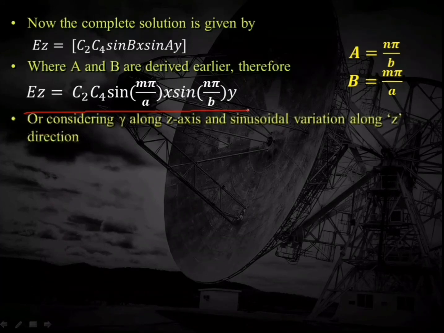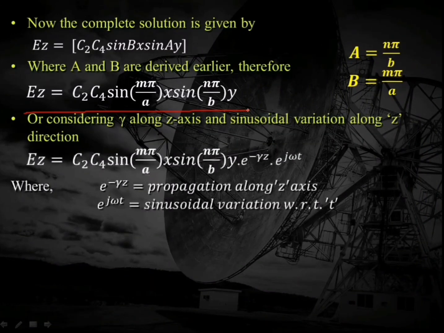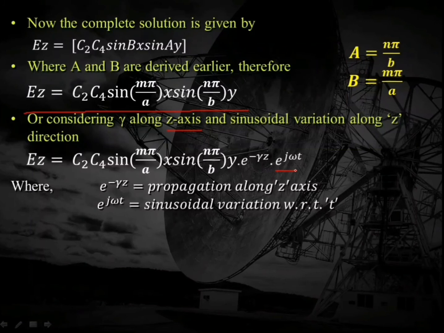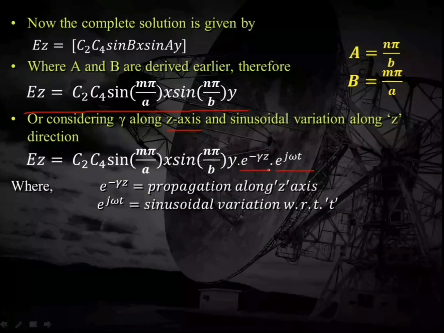Now C2 and C4 are simply constants, so we can reduce them into a single constant. As we are using the z-axis as the direction of propagation, the time dependence will also be there, and we can add e raised to power j omega t and the propagation constant in the direction of z, given as e raised to minus gamma z.